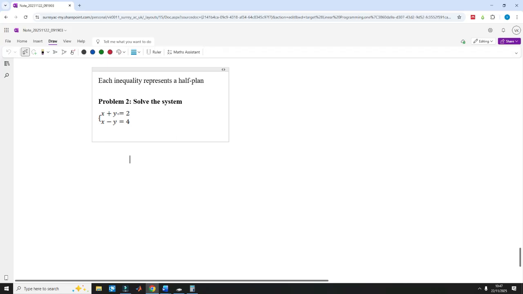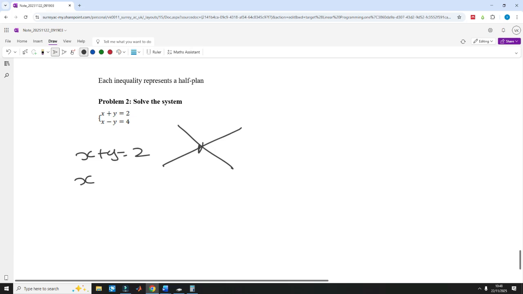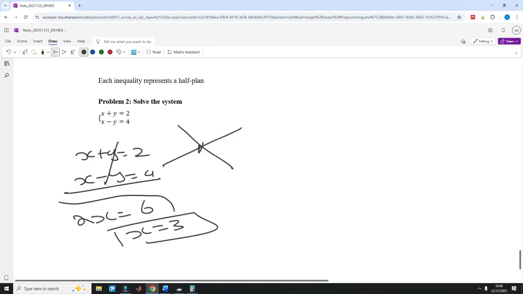You have two equations of straight lines, one can be like this, another can be like this. You have to find the point of intersection. So how do you do that? x plus y equal to 2, x minus y equal to 4. Just add them, so y will get cancelled. So 2x will be equal to 6, x will be equal to 3. Plug in this value in any one of these equations. So 3 plus y equal to 2, which means y is equal to minus 1.